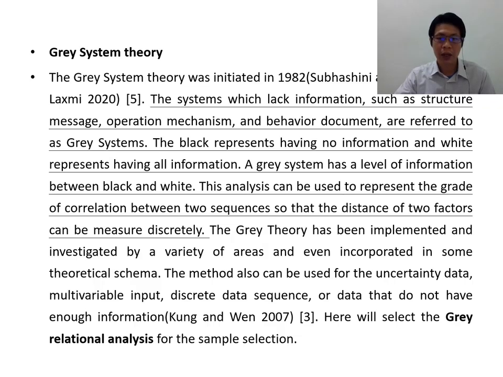A grey system has a level of information between black and white. This analysis can be used to represent the graph of the correlation between two sequences so that the distance of the two vectors can be measured directly. In this study, we use grey relational analysis for the sample selection.